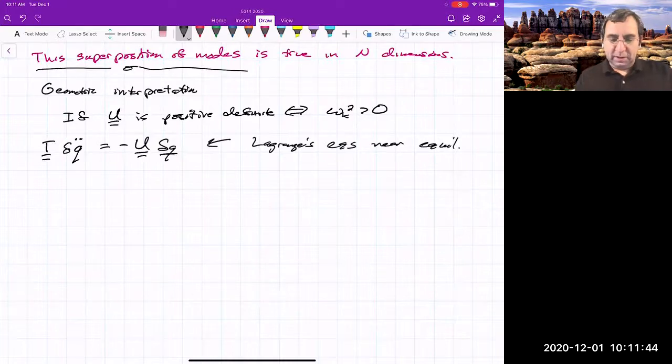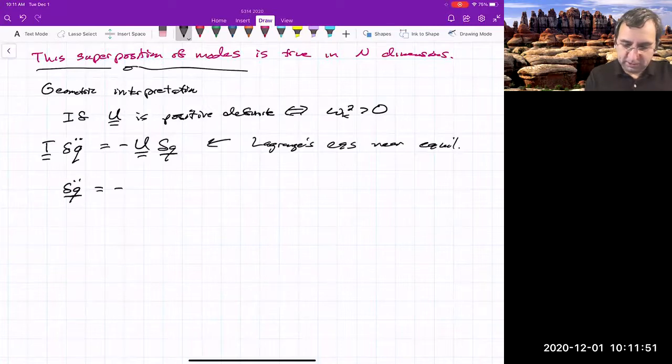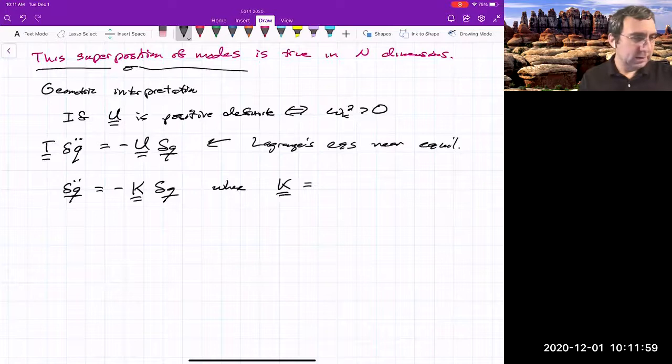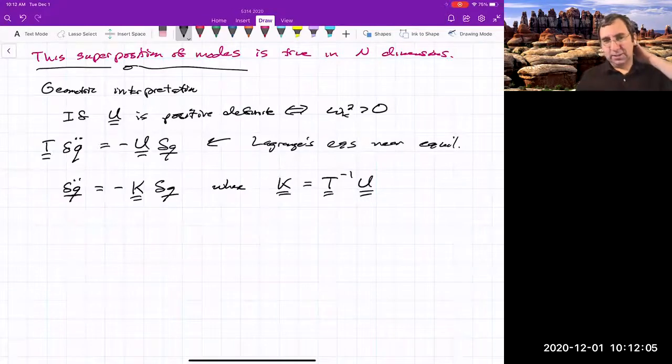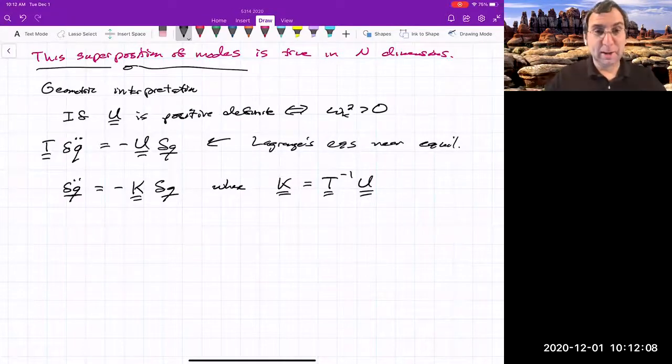But if U is positive definite, then we could write this as delta Q double dot equals, and I'm going to use matrix K, K equals T inverse U. And it's a mathematical truth that if a matrix is positive definite, so is its inverse.